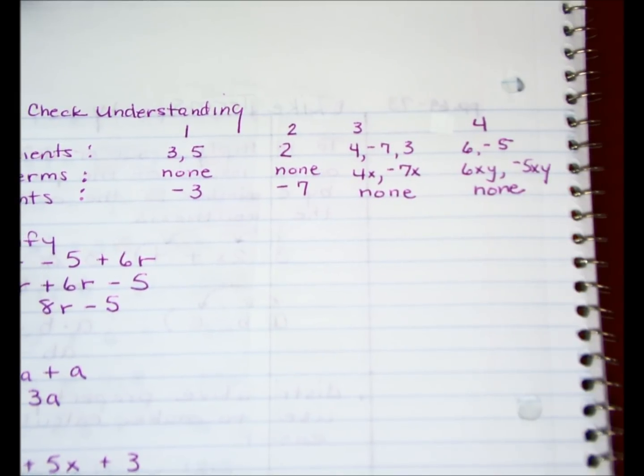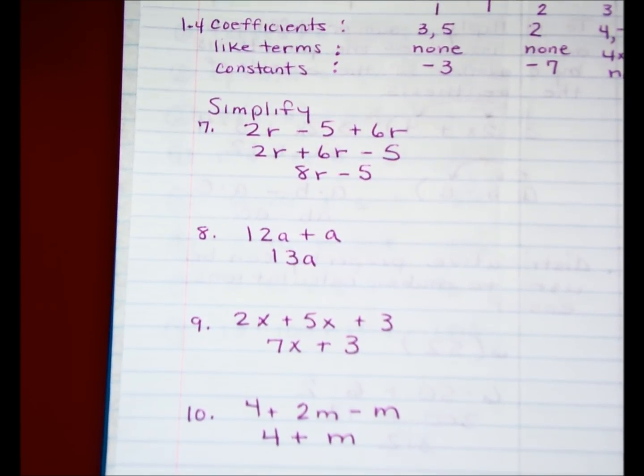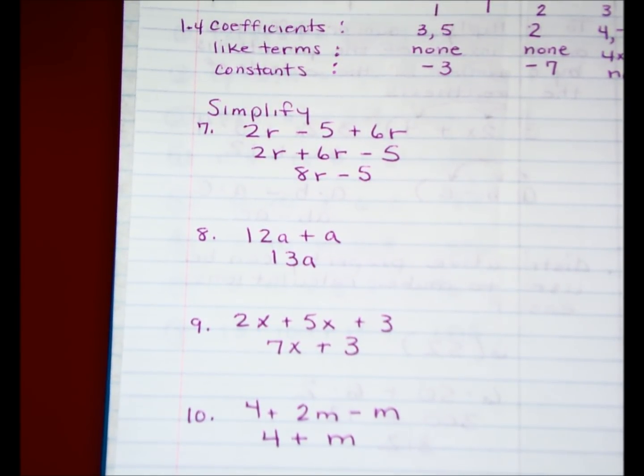Then you were asked to simplify in 7, 8, 9, and 10. So you combine 2r plus 6r to get 8r minus 5.